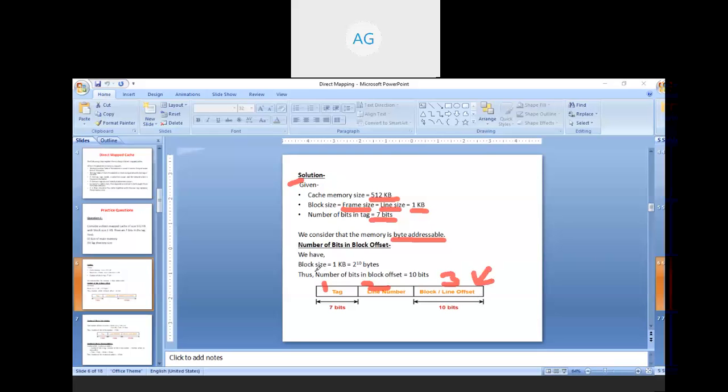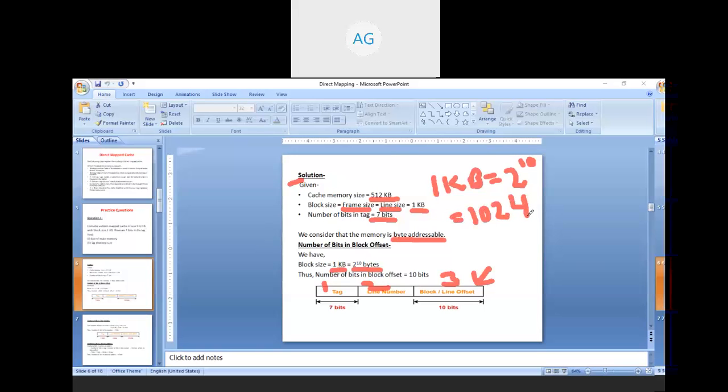As we know, the block size is 1 KB. So 1 KB is replaced by 2 to the power 10 bytes, because we are considering the memory is byte addressable. You also know that 1 KB is equal to 2 to the power 10 bytes, meaning 1024. You already know the conversion.